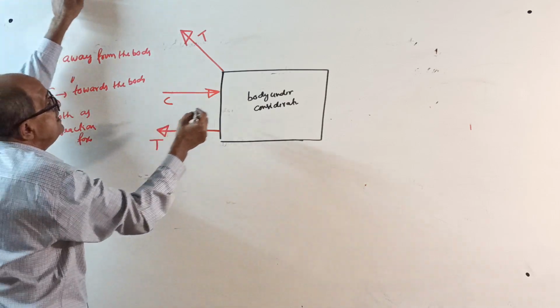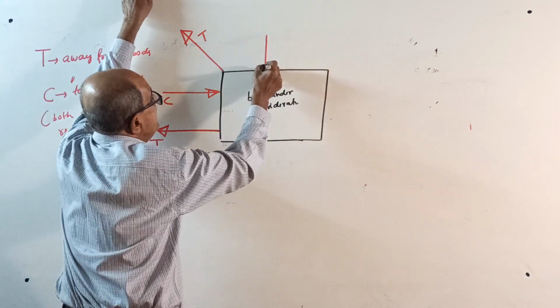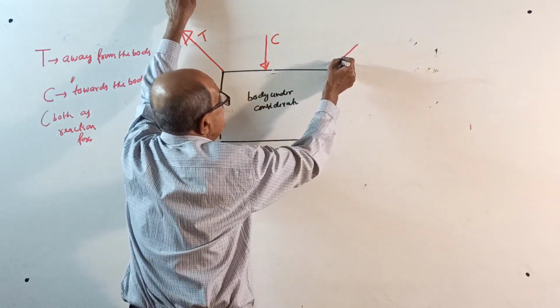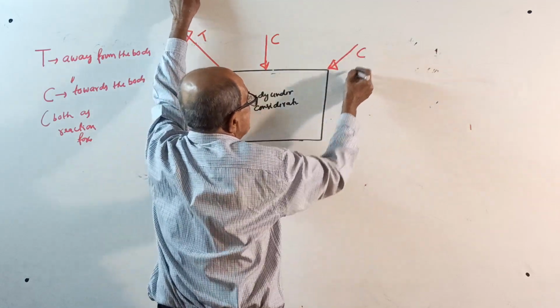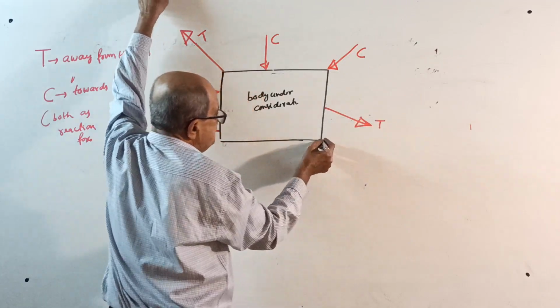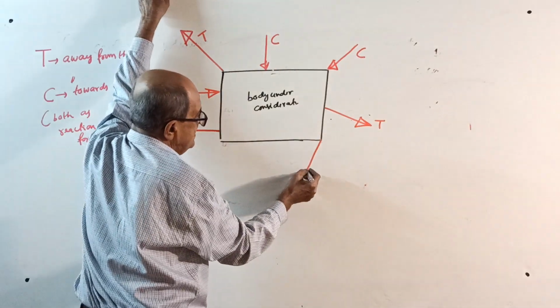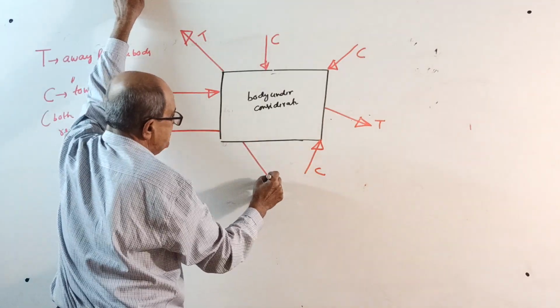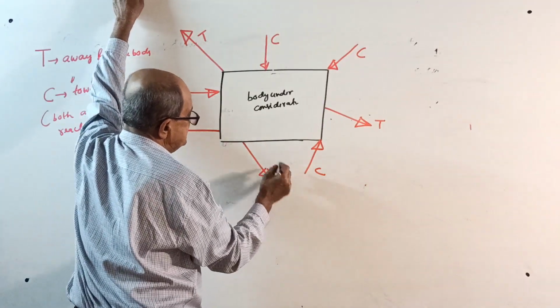So if a force is acting this way, it is compression. Again, if a force is acting this way, it is compression. If a force is acting this way, it is tension. If a force is acting this way, it is compression. If a force is acting this way, it is tension.